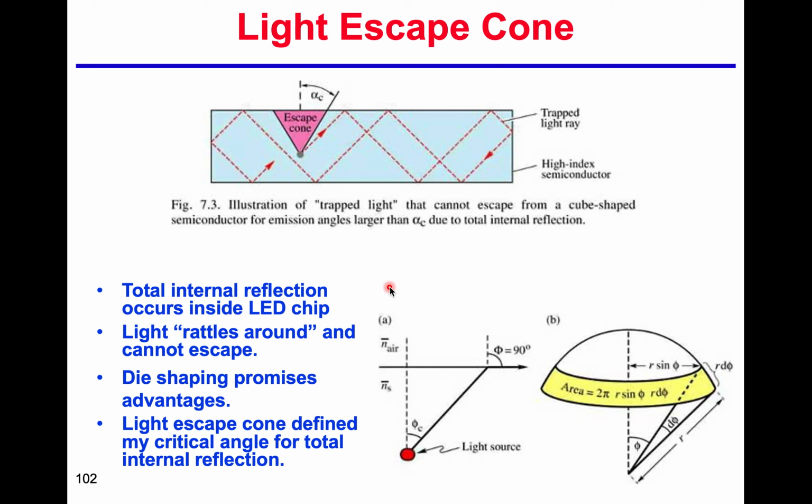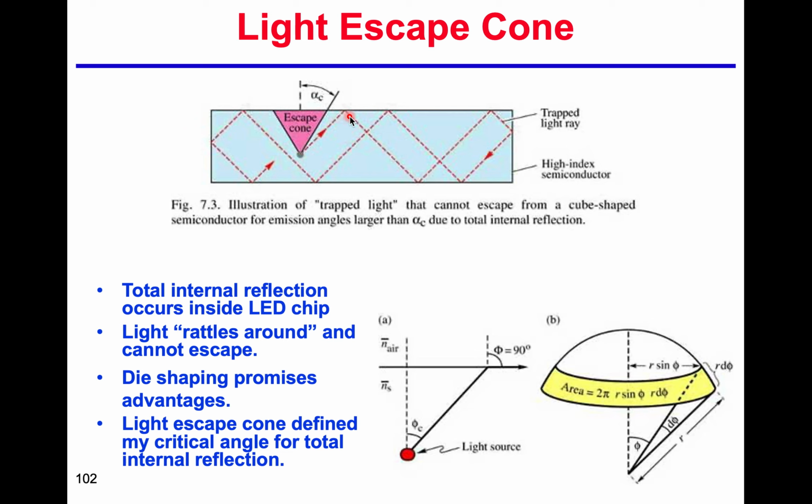For the radiative recombination efficiency, we need to have a very high quality epitaxial growth. For the current efficiency, we can use some device structure to optimize that. And the extraction efficiency is what we want to address here. The main problem is total internal reflection between the semiconductor and the air.